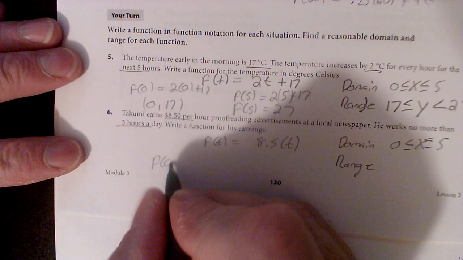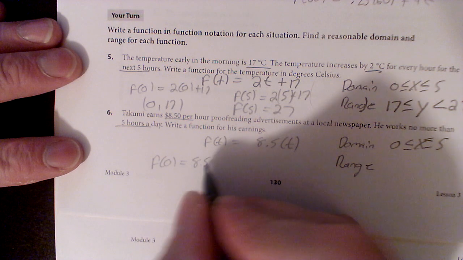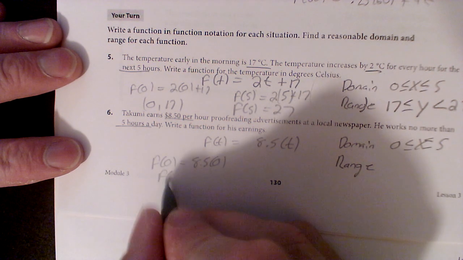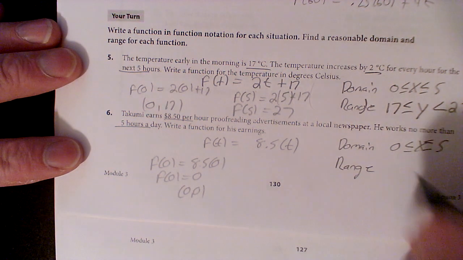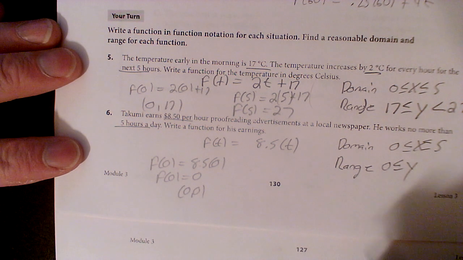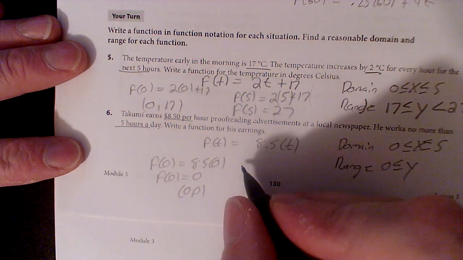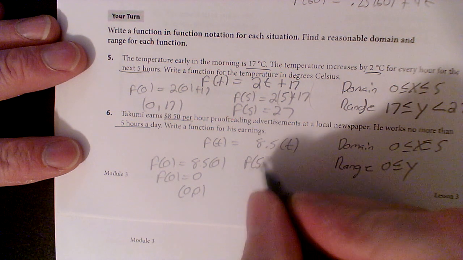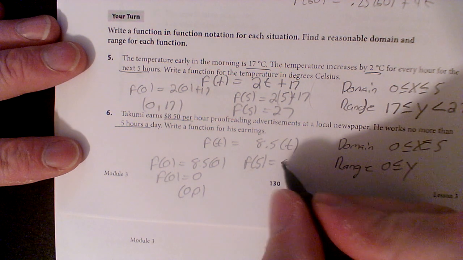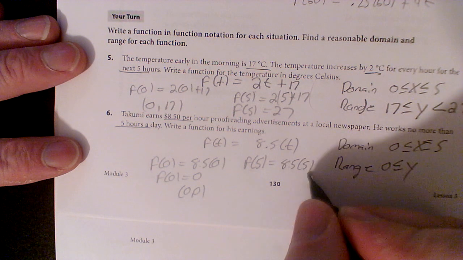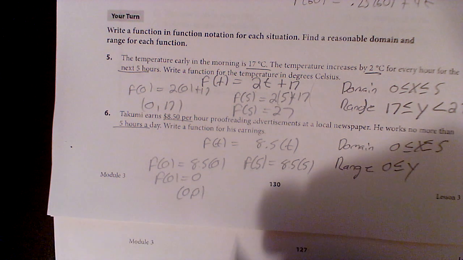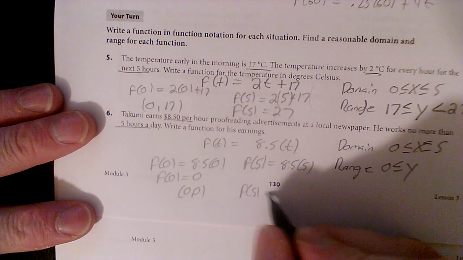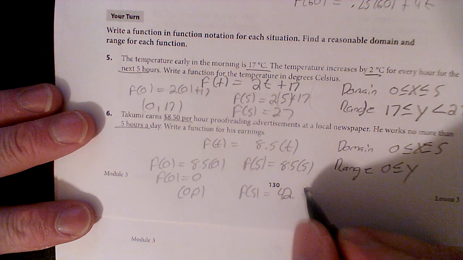f of 0 is equal to 8.5 times 0, which means f of 0 is equal to 0. The x value is 0, the y value is 0, so my range starts at 0. Let's see how high it goes. f of 5 is equal to 8.5 times 5, which is $42.50.